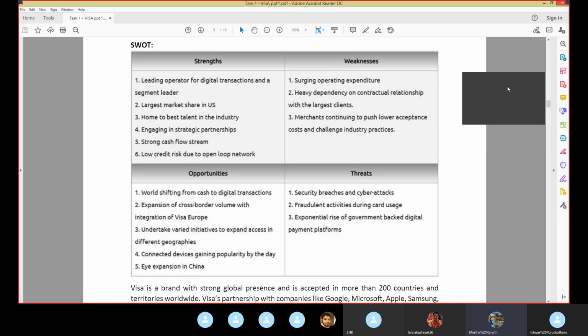They make alliances with payment giants, and Visa is the leading one, with other payment portals, and they came up with this common standard portal which all other payment gateways can access securely. They implemented it recently in Europe. I don't know whether it's implemented in India yet or not.